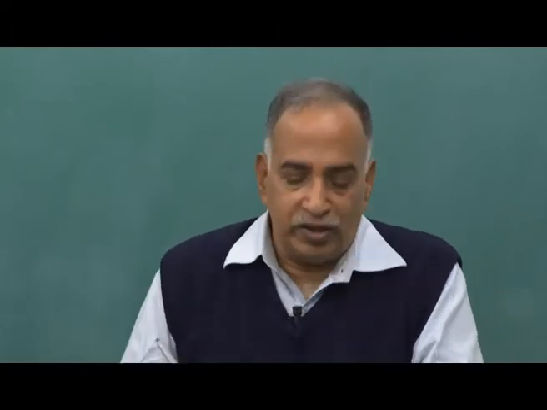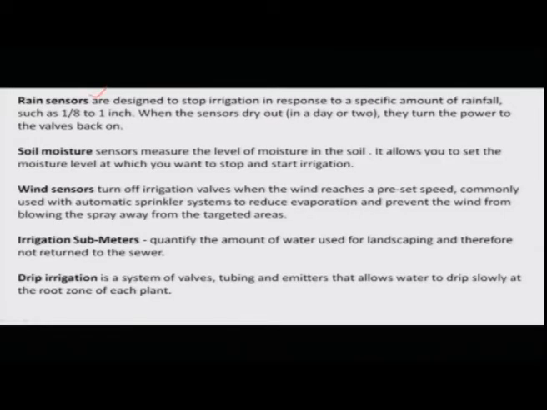So, how do you measure? It is about rain sensors, which will tell you how much rainfall has fallen. Then soil moisture, where the probe should be well within the root zone. Then the wind sensor, which will tell you the wind speed, and because of high wind speed how much water loss is possible.